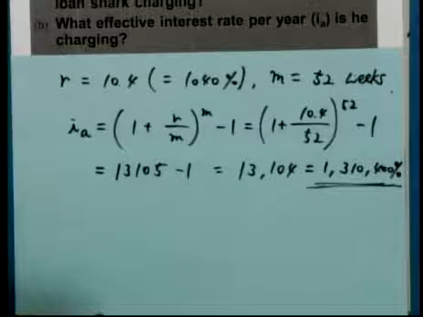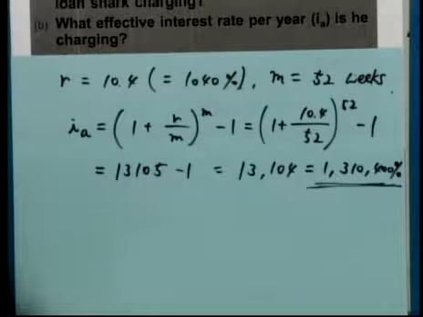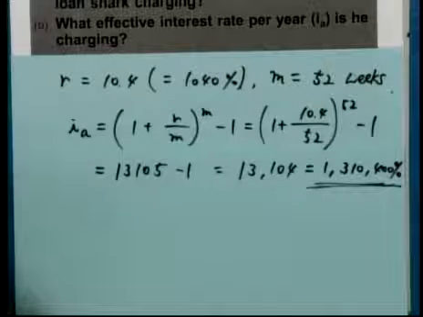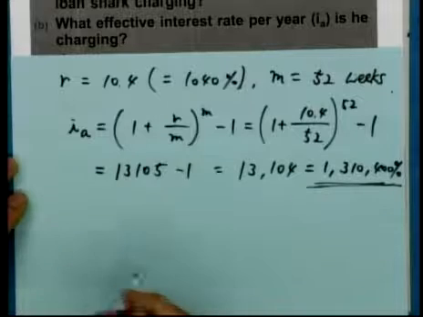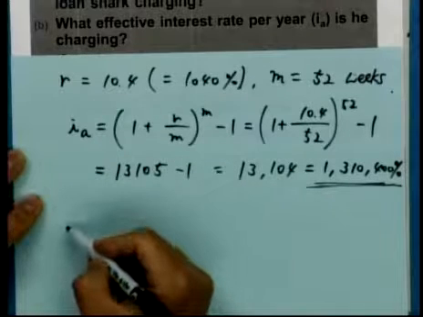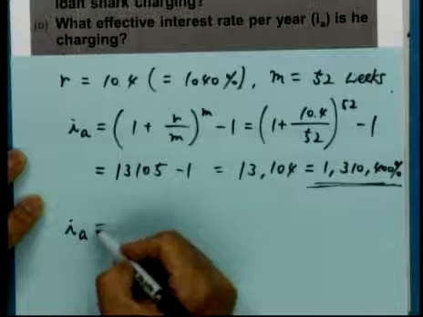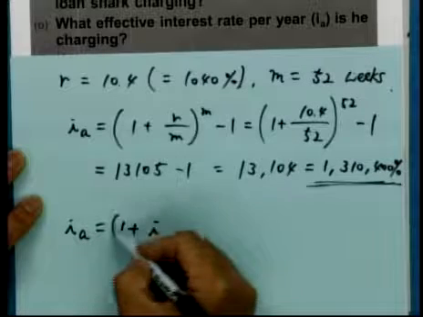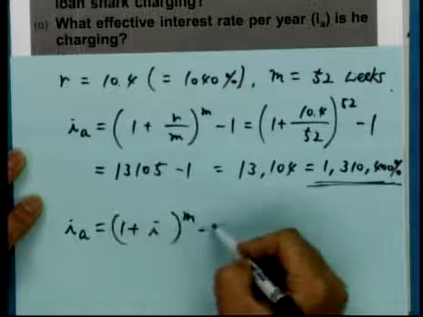So using the weekly interest rate, 20%, we can obtain the same value. So using a different formula, I sub A equals (1 plus I) to the power M minus 1.